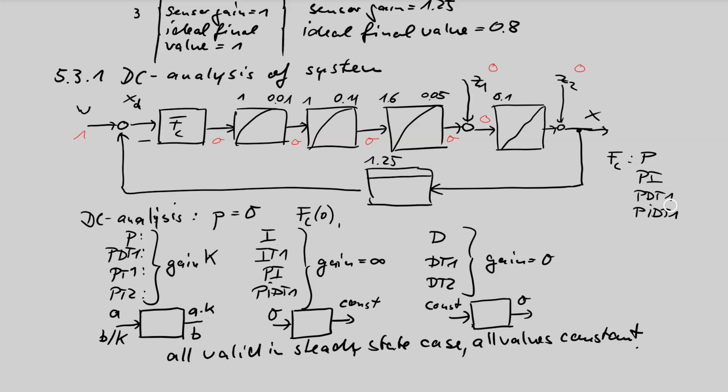Now, these are the 4 typical controllers we have learned in our previous lecture. What happens if the output of the controller is 0, independent of the type? The input is also 0. In red.